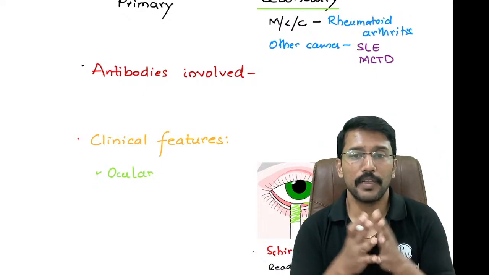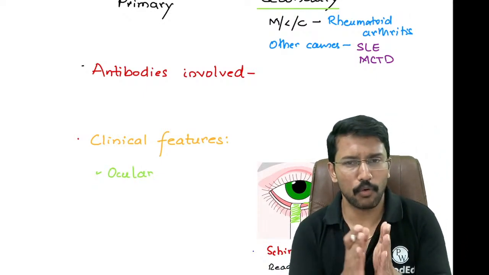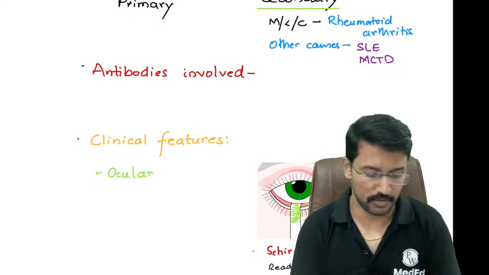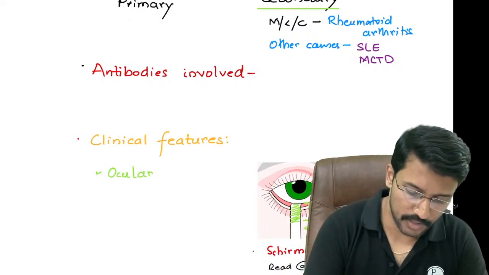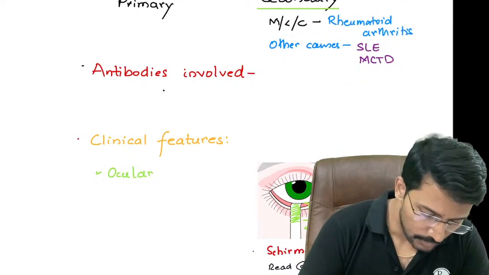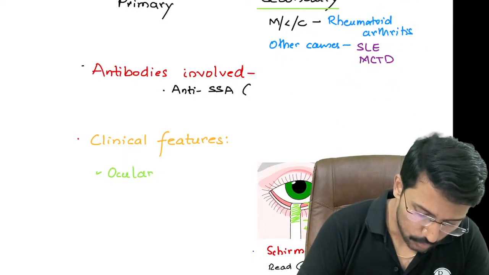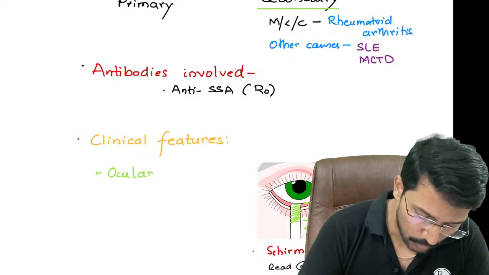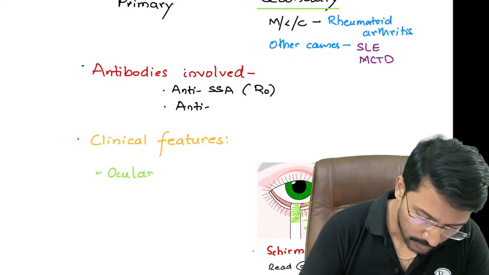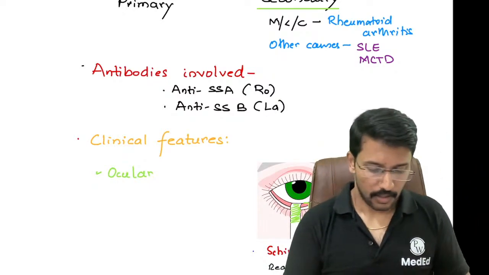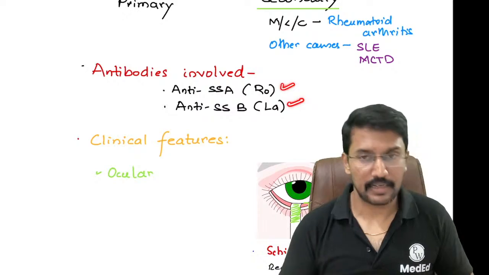Okay. Now in Sjögren syndrome, these antibodies are damaging our exocrine glands. But which antibodies? We have already studied, right? There are two antibodies. The first one is anti-SSA, which is also called anti-Ro antibody. The second one is anti-SSB, which is also called anti-La antibody, right? Anti-Ro antibody and anti-La antibody.